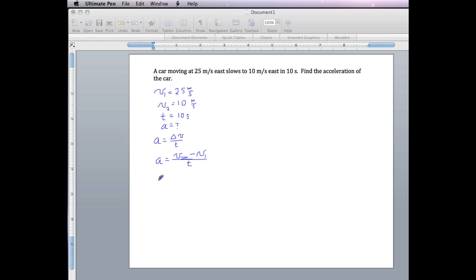Now we can plug in our values. V sub 2 was 10 meters per second. V sub 1 was 25 meters per second.